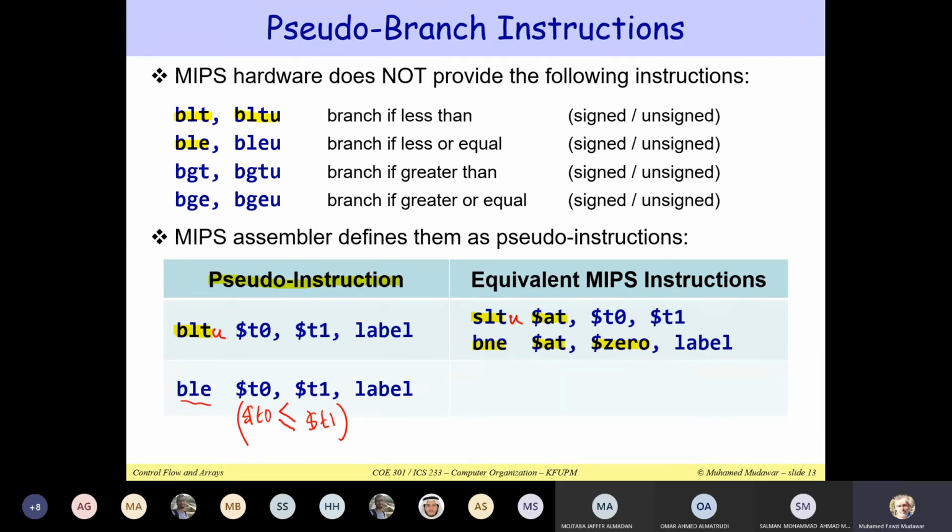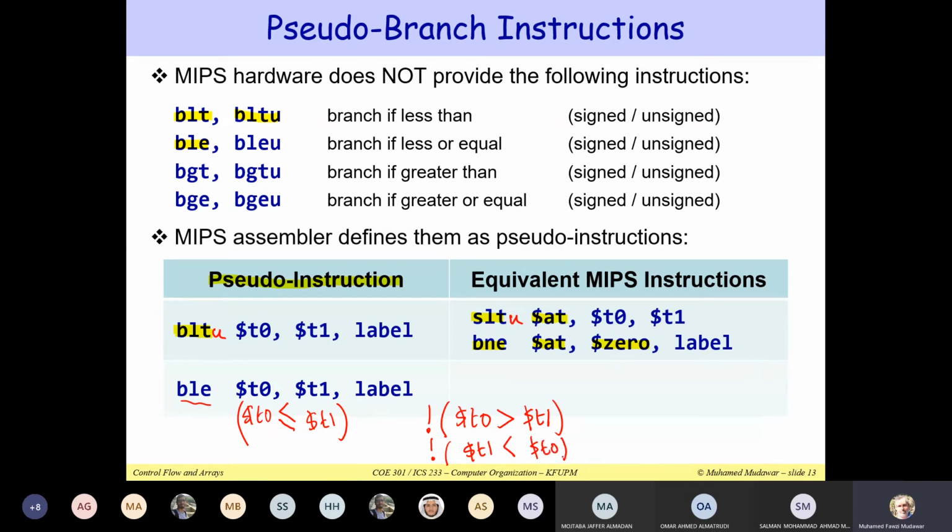So what I have to do is say that T0 is not greater than T1. You agree? Because less than or equal means not greater than. And to say that T0 is greater than T1 is the same thing as saying that T1 is less than T0.